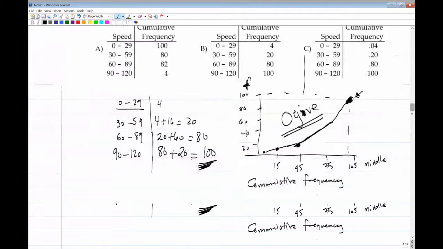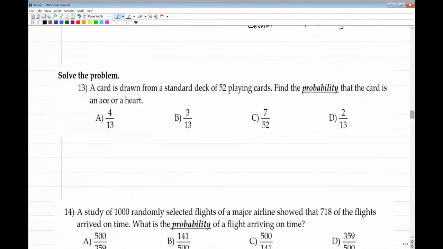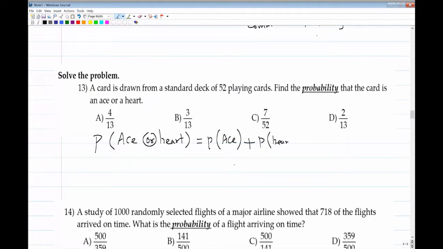So let's now look at the next problem, number 13. An ace was drawn from a deck. Find the probability of being an ace, or, here is the keyword right here, or heart. According to the rule of or, this is the probability of being an ace, plus, since the word or goes with the plus, the probability of a card being heart.